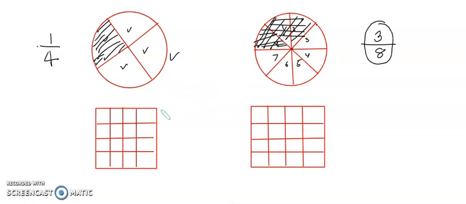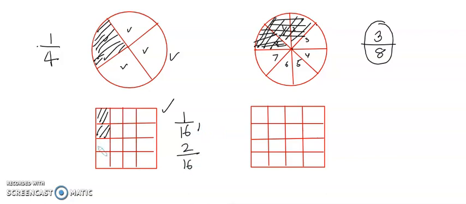Coming to the next diagram, here we have divided this square into 16 equal parts. If you count them, you will find there are 16 equal parts. Now if you shade just one part, we will call it 1 by 16. If you shade 2 parts, we will call that 2 by 16.